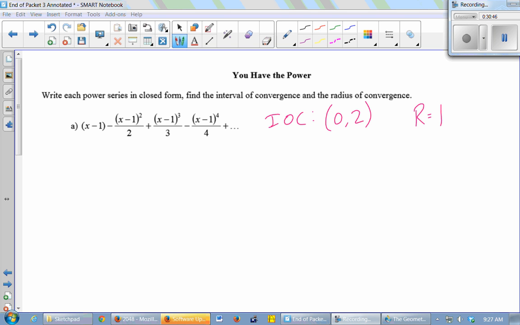It definitely converges between 0 and 2. Does it converge when x equals 0? And does it converge when x equals 2? So let's start with x equals 2. I'm going to replace all my x's with 2's in this series. So I'm going to have (2 minus 1) minus (2 minus 1) squared over 2 plus (2 minus 1) cubed over 3 minus, and so on.